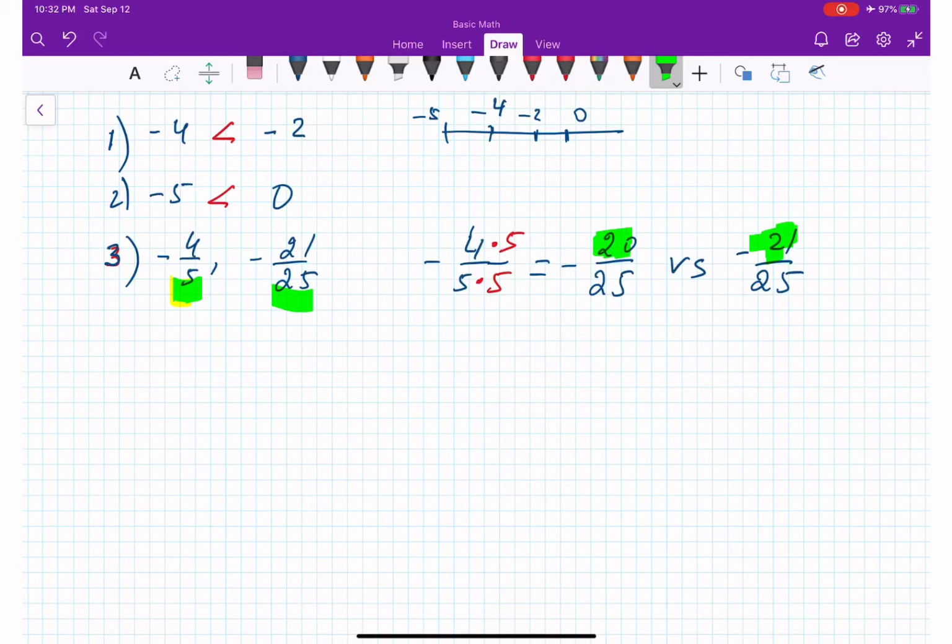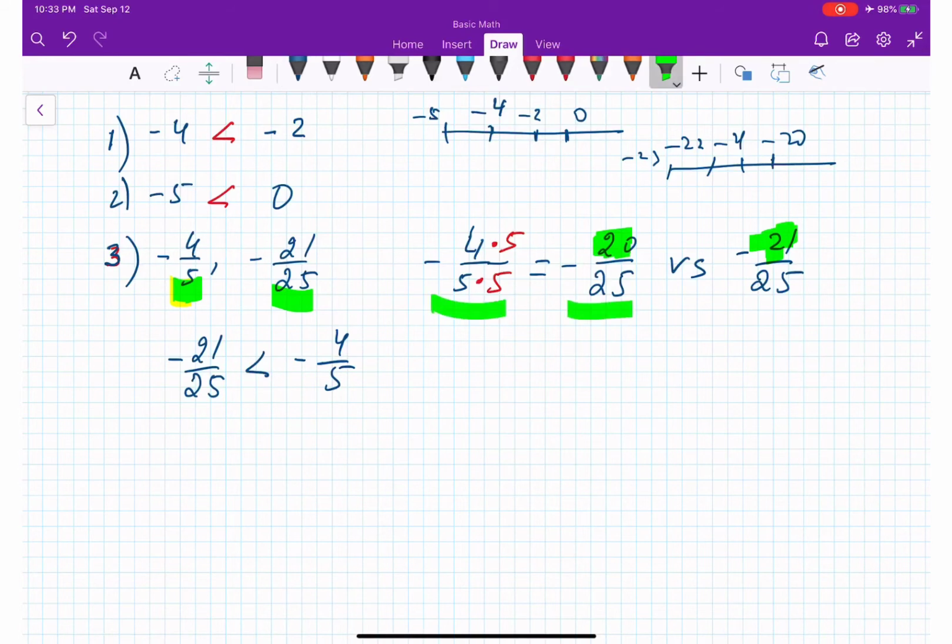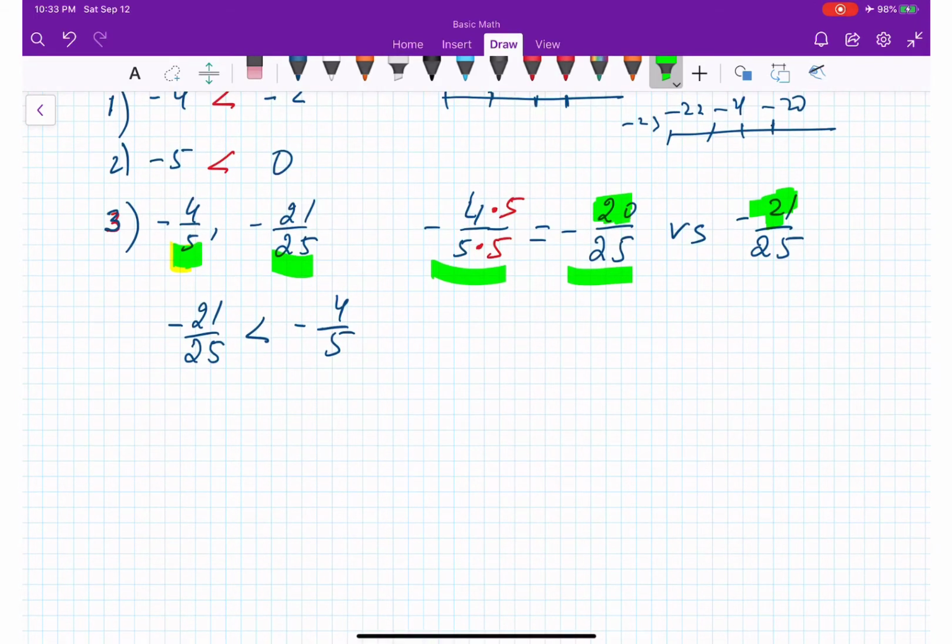Of course -21, because here this is at -20, -21, -22, -23, and so on. Which means -21 over 25 is less than -4 over 5, because -4 over 5 is the same thing as -20 over 25, right? Okay. Next one.